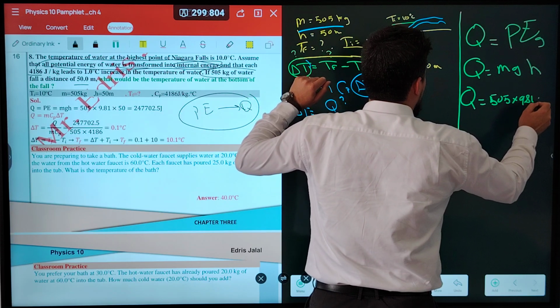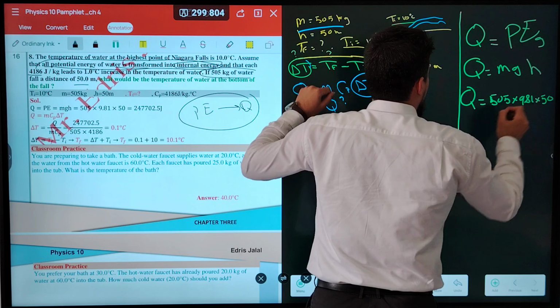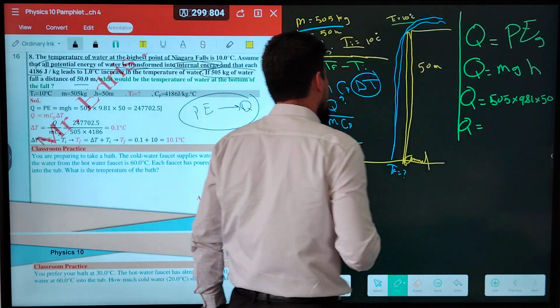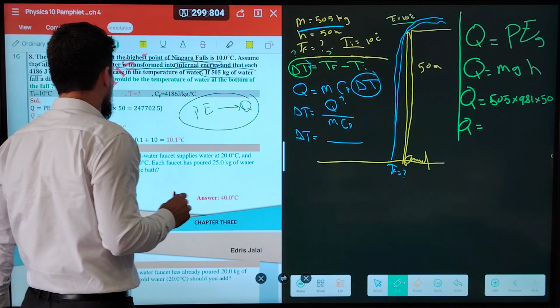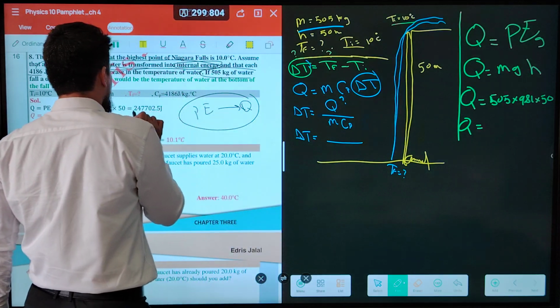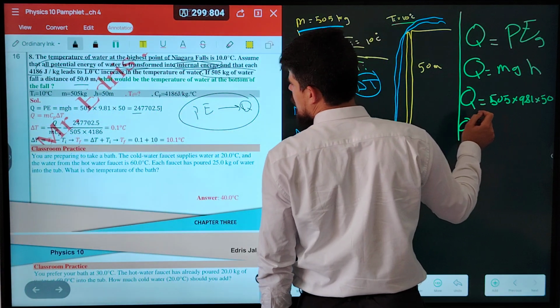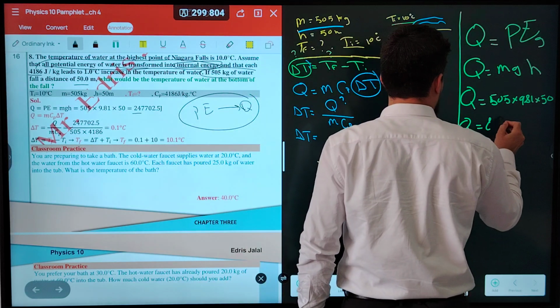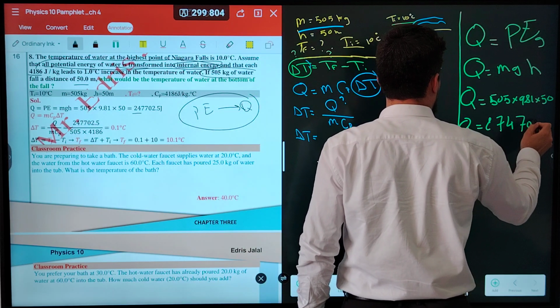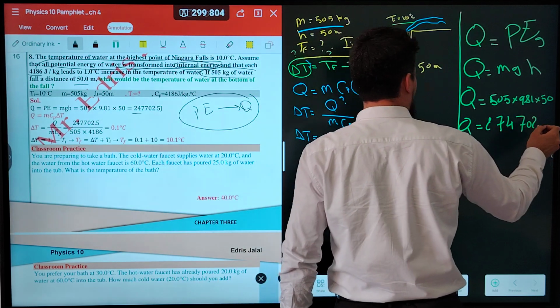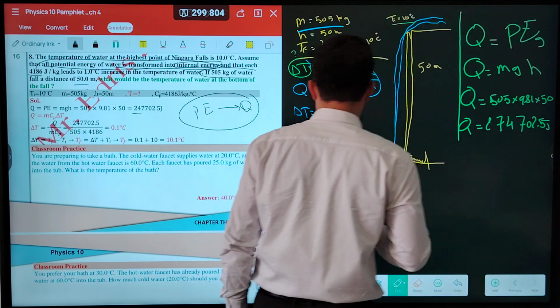Gravity constant, height 50. So 505 times 9.81 times 50 is equal to 247,702.5 joules. This is Q.